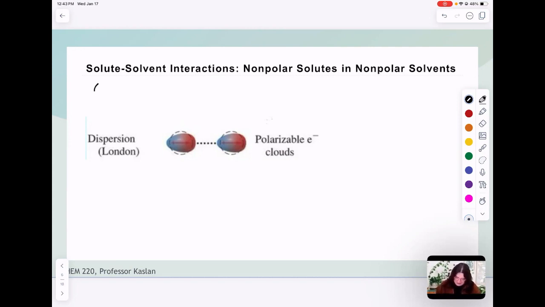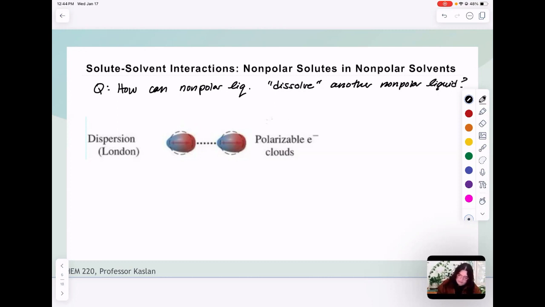So the question comes to us of, how is it possible? How can a nonpolar liquid, quote unquote, dissolve another nonpolar liquid?